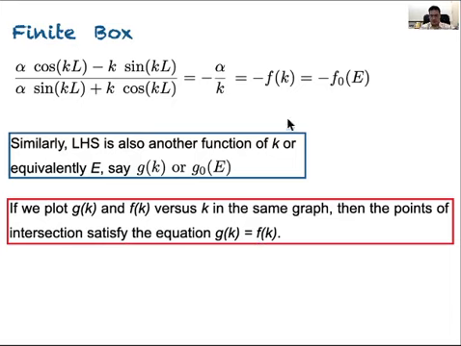This is our f of k and this is our, let's say, g of k or minus g of k, depending on how you want to define it, and both are functions of k. So all the intersection points will be the solution of this equation.